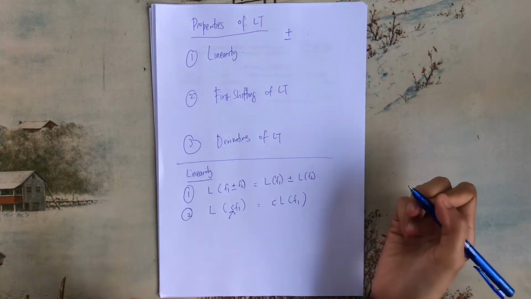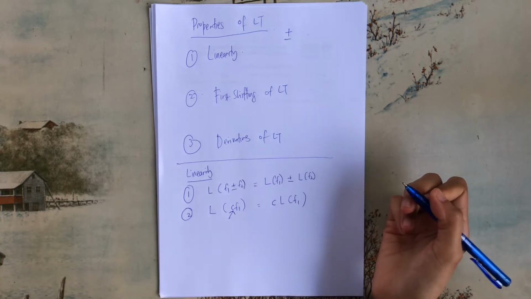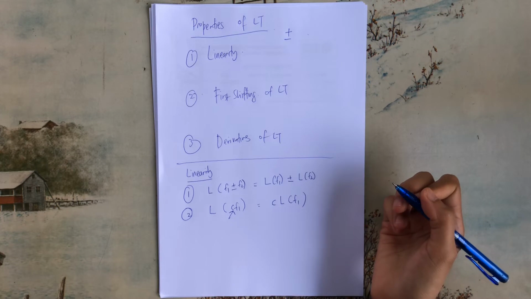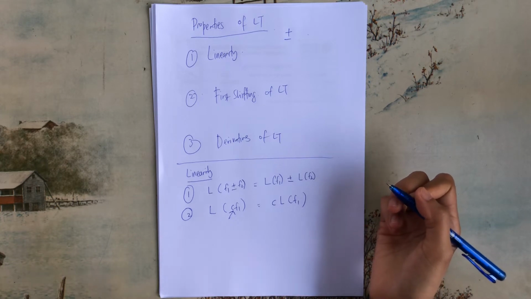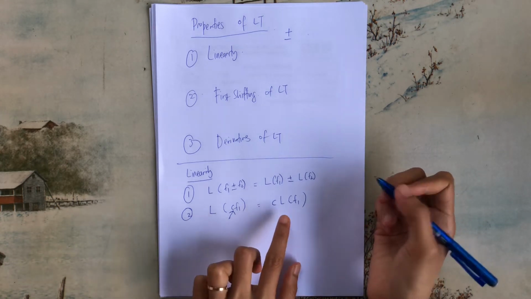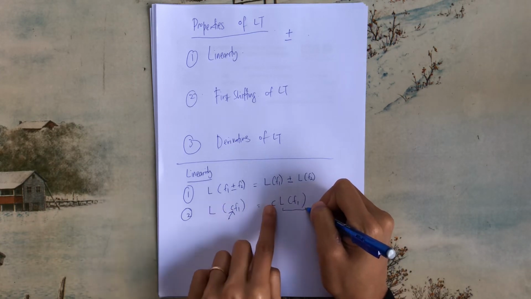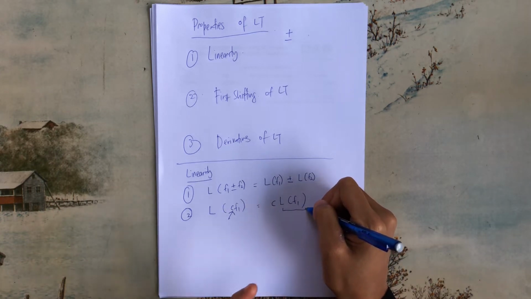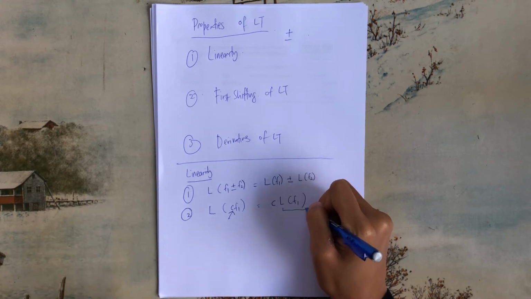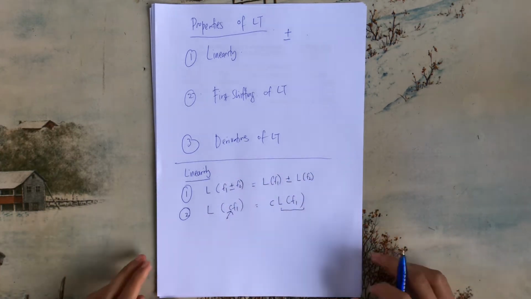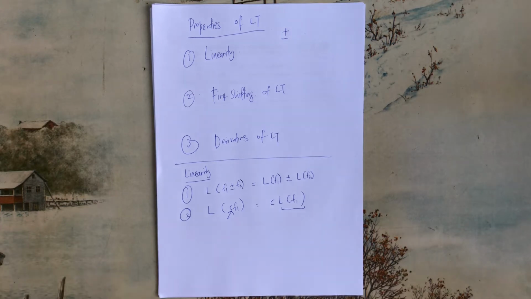You can take out the scalar and put it in front of the Laplace, because it doesn't affect the Laplace rule. You can find this answer using the table, and then don't forget to multiply back with the scalar. Maybe it's not clear yet, so let me give an example.